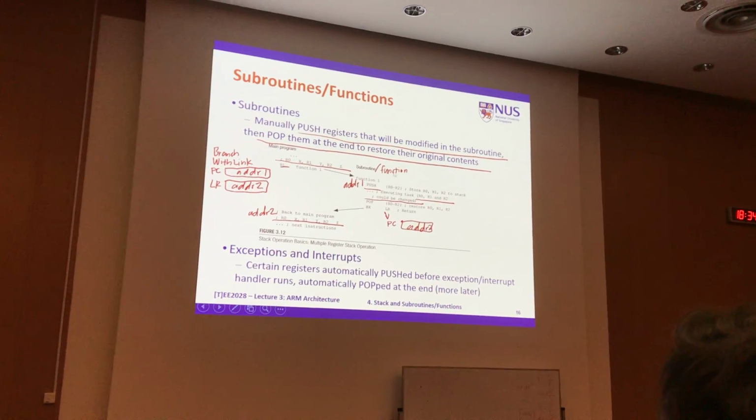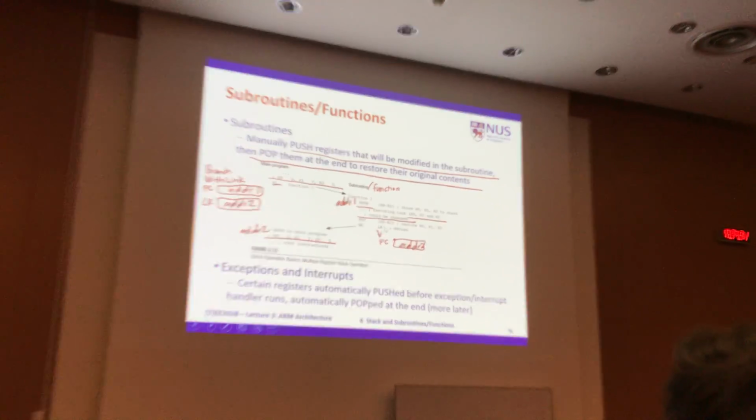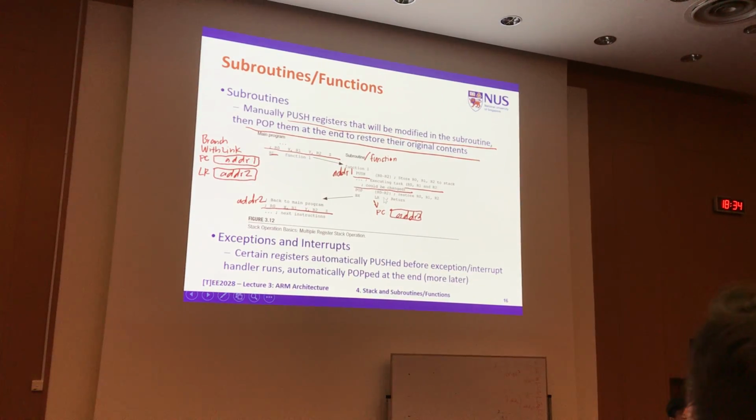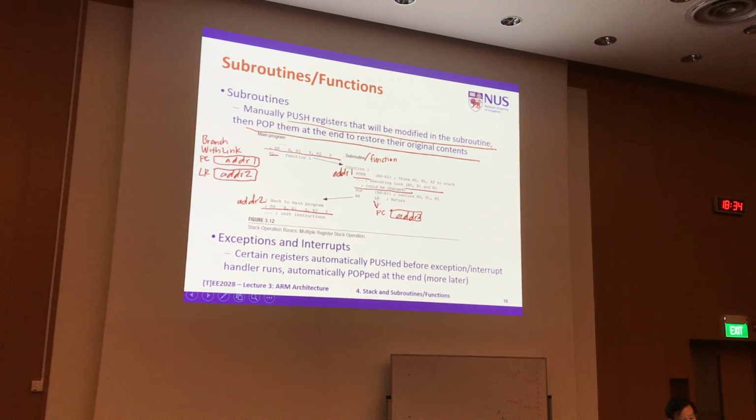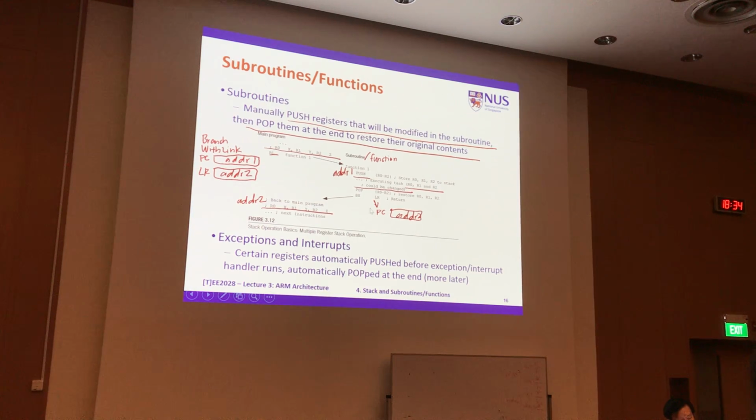And then after that, happily, it will run sequentially inside your subroutine or your assembly language function or whatever, till it hits the BX LR, which the name tells you what it's doing. It's branch with exchange. So now it's going to swap back. You wanted to go and do the next line here, maybe ADDR something else. But now it will say, oh, okay, I copied back this value inside PC, so ADDR2.